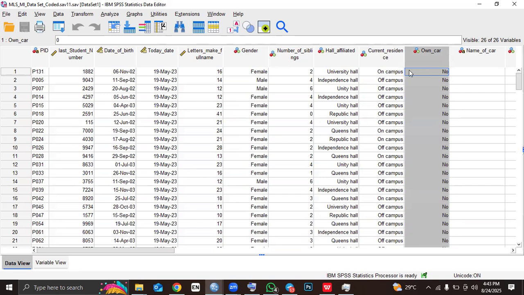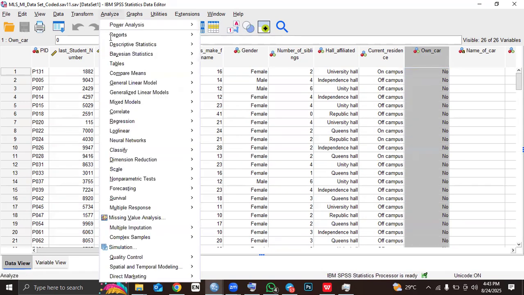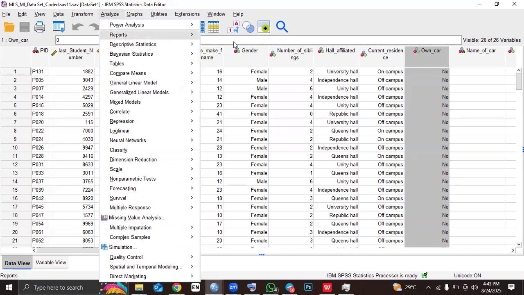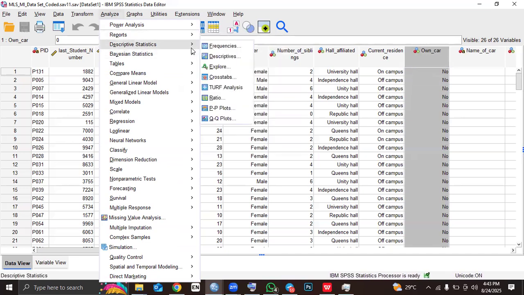So in order to run the chi-square of independence for this example, we will go to Analyze, then from Analyze we go to Descriptive Statistics, then from Descriptive Statistics you go to Crosstabs. So we go to Analyze, Descriptive Statistics, and then Crosstabs.